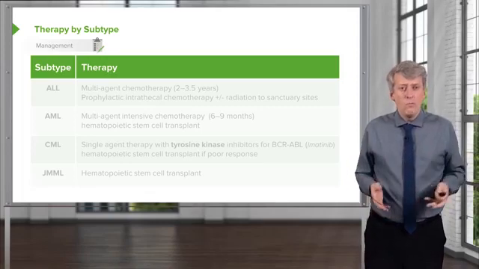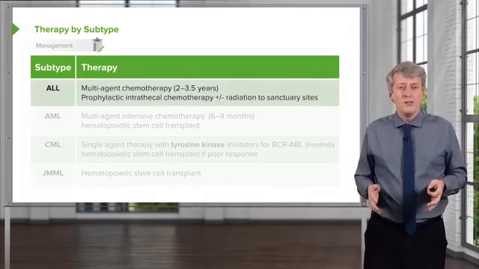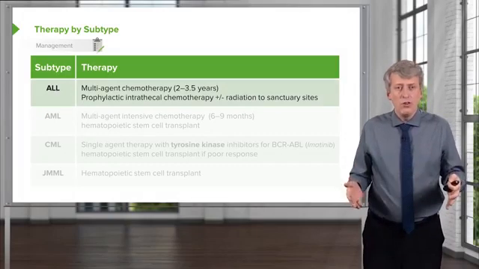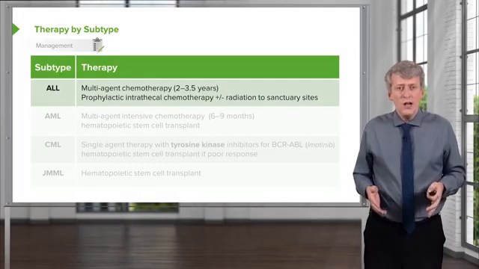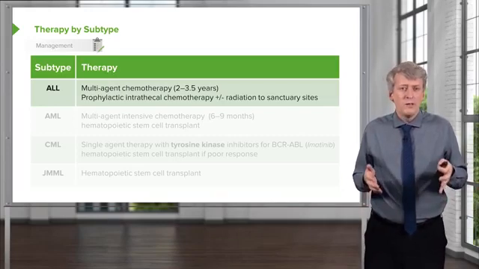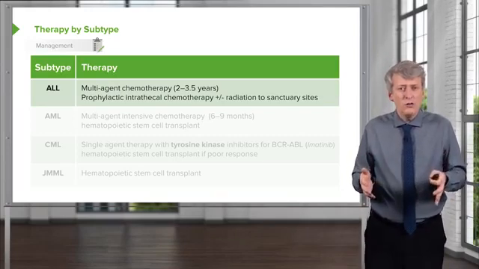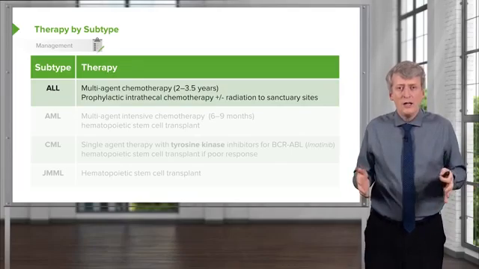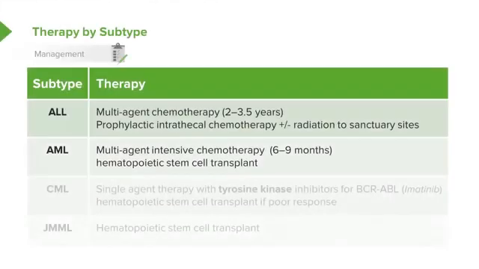So what does that roadmap involve? Well, in ALL, this is going to be a multi-agent chemotherapy with multiple agents, generally for 2 to 3.5 years. And also they will get some prophylactic intrathecal chemotherapy and or radiation to sanctuary sites. For AML, we will do multi-agent intensive chemotherapy for 6 to 9 months, but some of these patients will warrant getting a hematopoietic stem cell transplant.